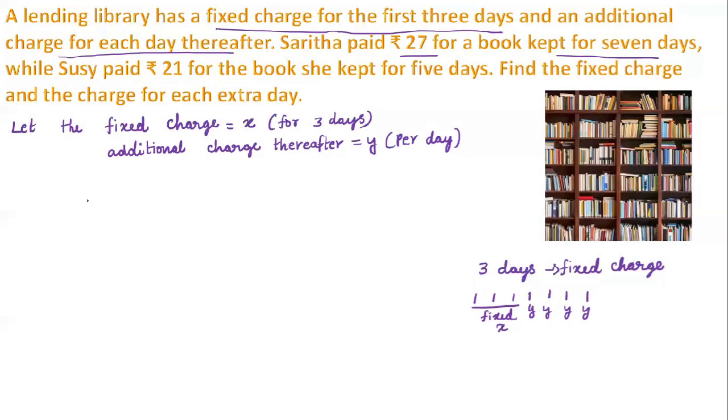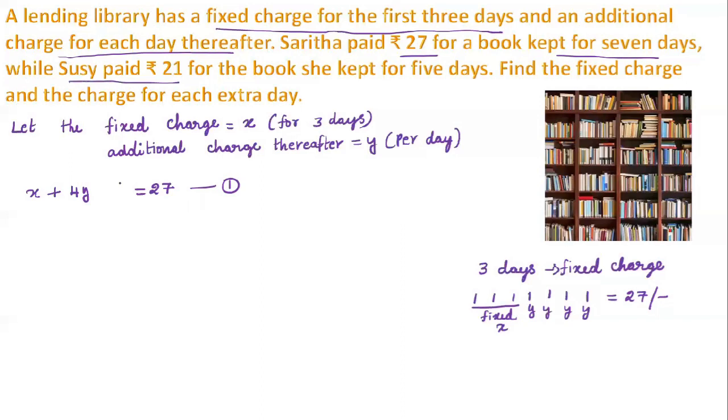So there will be 4y, and the fixed charge is x, and in total she paid 27 rupees. For the first 3 days the charge is x plus, then the remaining days are 4, so 4y, because for 1 day the charge is y. So x plus 4y is equal to 27 is the first equation.